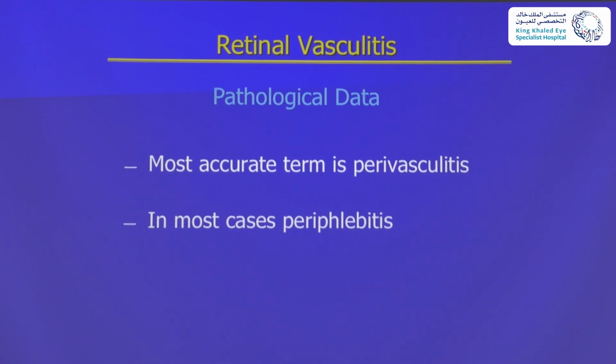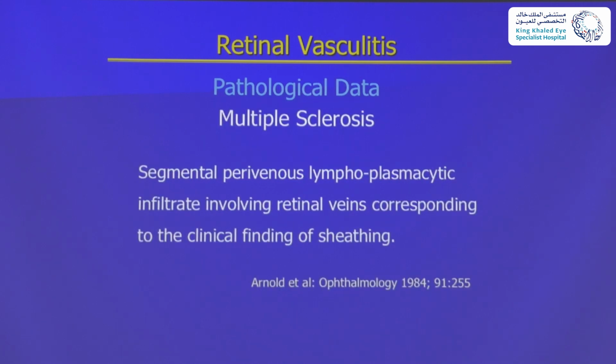In most cases the veins are involved, so it is periphlebitis. In the majority of patients, the inflammatory infiltrate is in the perivascular area, not in the vessel wall. So the most correct diagnosis is perivasculitis, and the most common is periphlebitis.